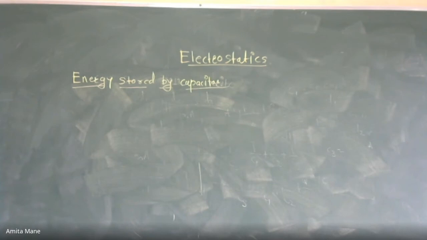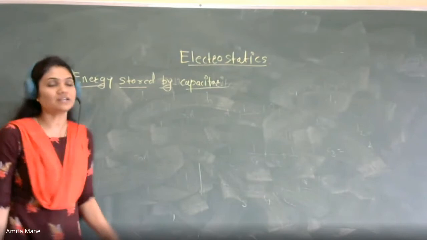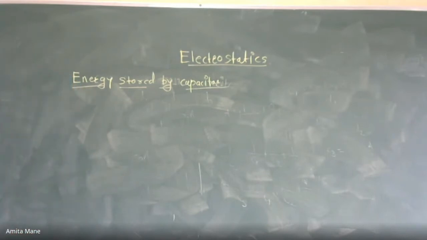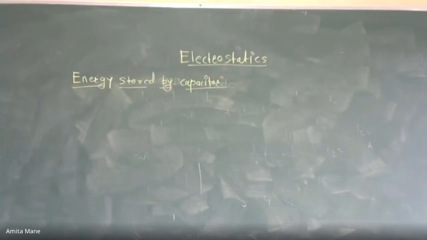And what was the formula for energy stored by inductor? क्या था formula? Half L i square, which is also known as the energy stored by magnetic field. Okay, दोनों का मतलब same.